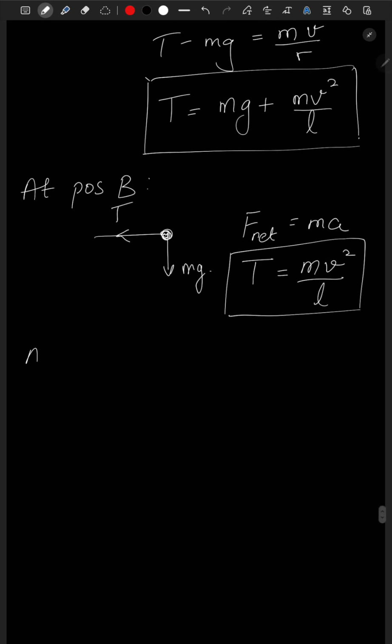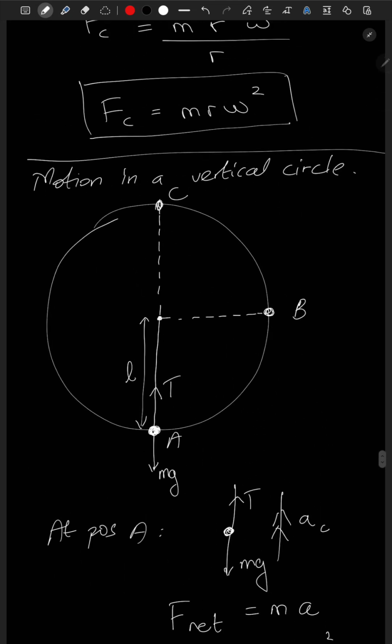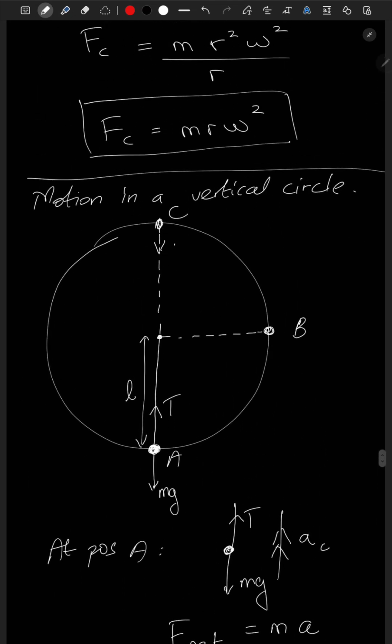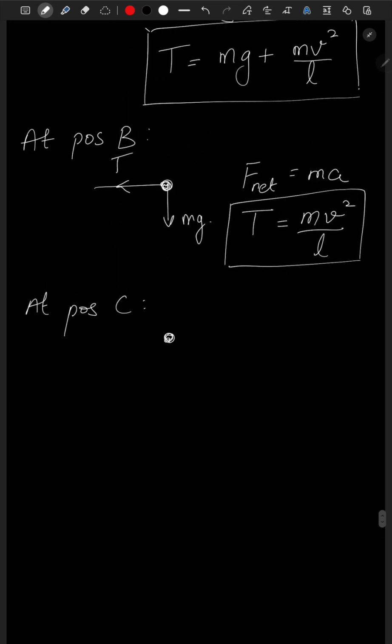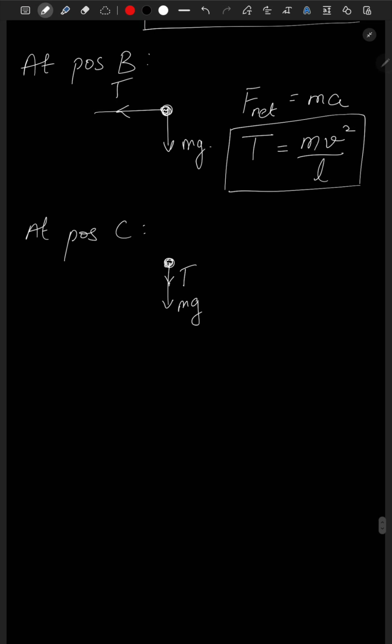And at position C, which is the top position, we have the tension down, and we also have the weight of the particle, mg, downward. So here the weight and the tension are both downward.